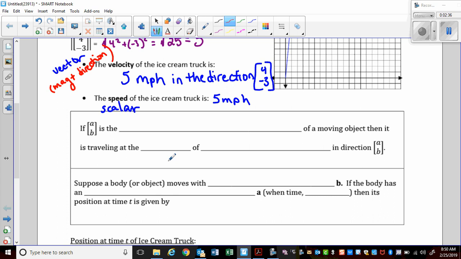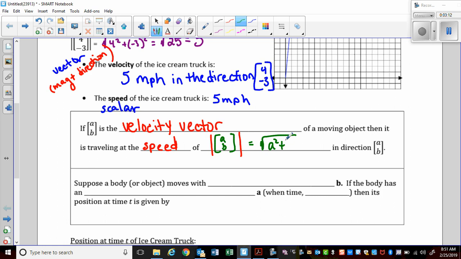If the vector AB is the velocity vector of a moving object, then it is traveling at the speed of the magnitude of the vector AB, which is equal to the square root of a squared plus b squared in 2 dimensions, in the direction of AB.